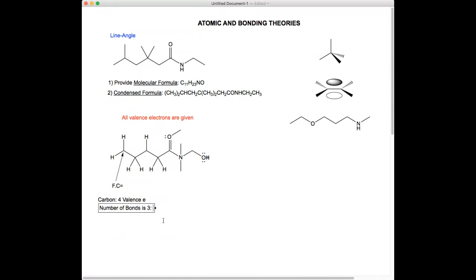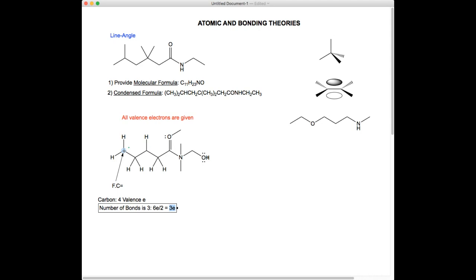Each bond has 2 electrons, right? So 6 electrons divided by 2, because each bond is formed by 2 atoms. That's a total of 3 electrons. So the number of valence electrons for this carbon that I am pointing out here is 3. If I have 3 valence electrons on this carbon, and carbon is supposed to have 4, it means that it's basically lacking 1 electron.